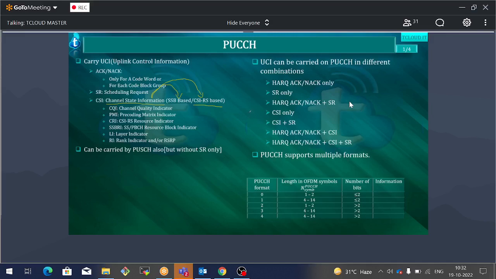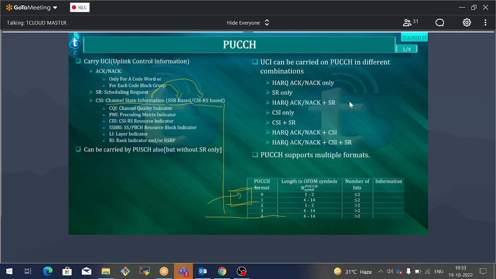But the problem with SSB is, if you take your entire bandwidth, your SSB is typically located in one particular place, normally at the starting of the band. If you measure the CSI on the basis of this small bandwidth of radio frequency signal, and estimate the channel state information from it, it may not be quite accurate.